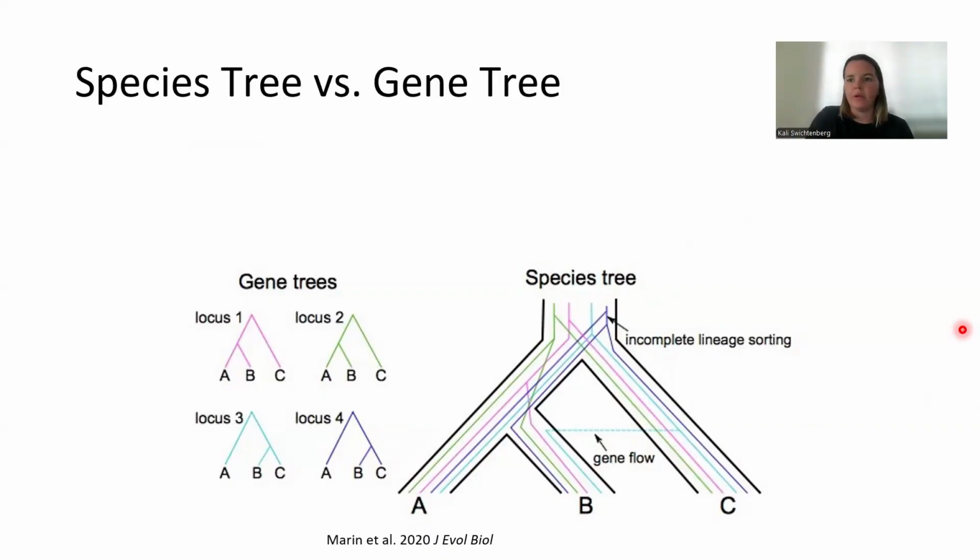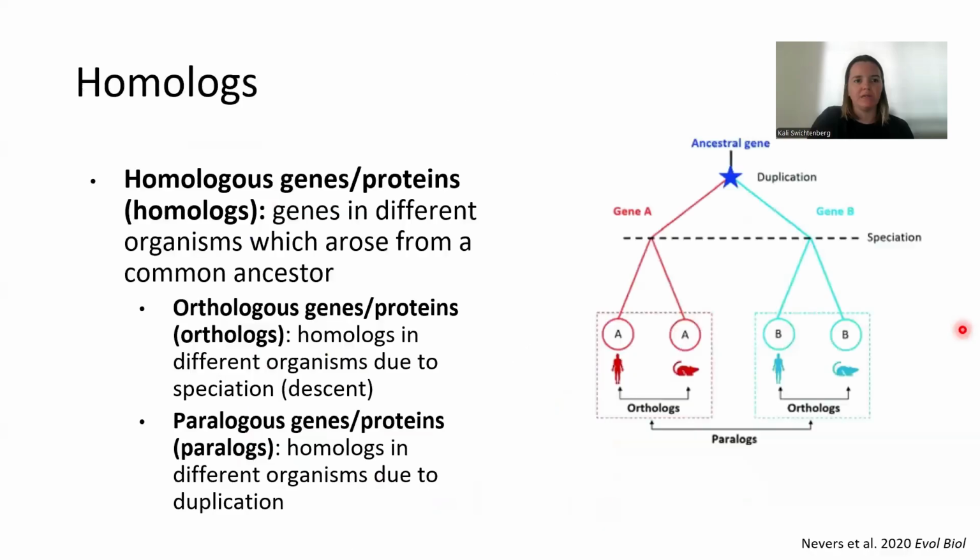So the last thing that we are going to be discussing is our gene trees, like what they may look like. So we are going to be comparing homologs, all right? Homologs or homologous genes are genes in different organisms which arose from a common ancestor.